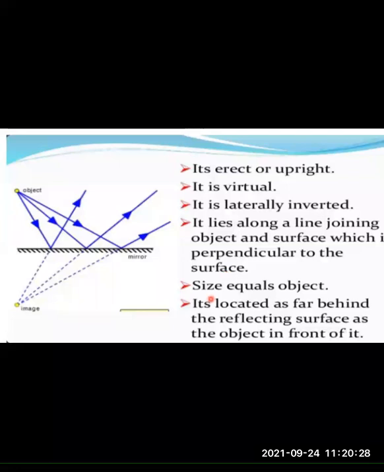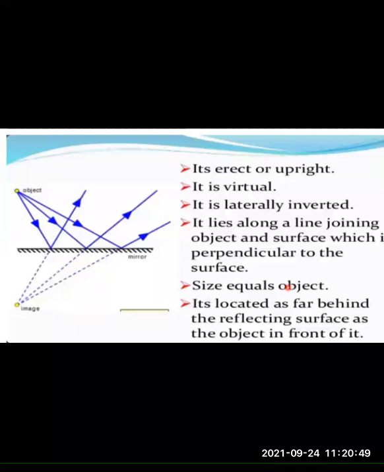Size equals the object, means whatever height, whatever your body type is, the same thing will be reflected in the mirror. What I want to say is a thin person won't look fat in the mirror, a fat person won't look thin in the mirror.